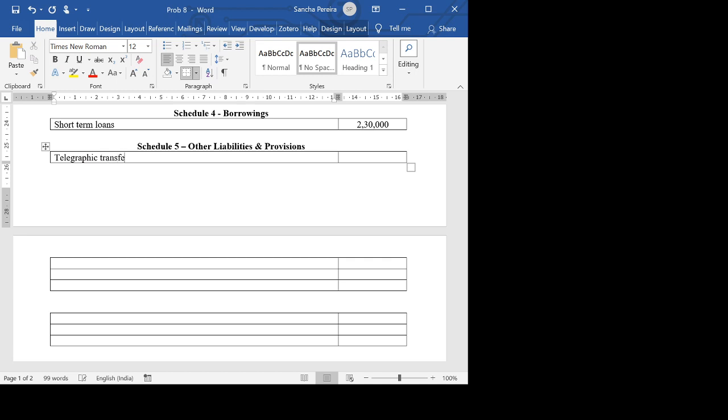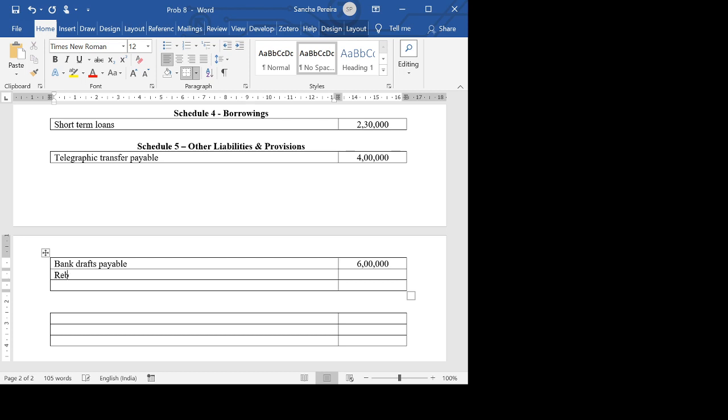Telegraphic transfer payable. All these come under bills payable actually. Telegraphic transfer payable is 4 lakhs. Then we have bank drafts payable, which is 6 lakhs.